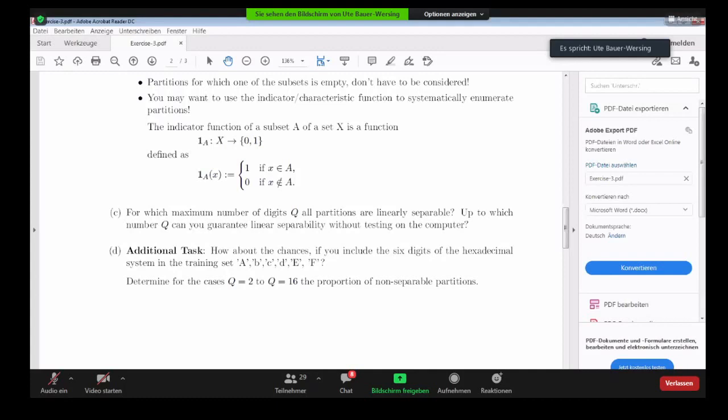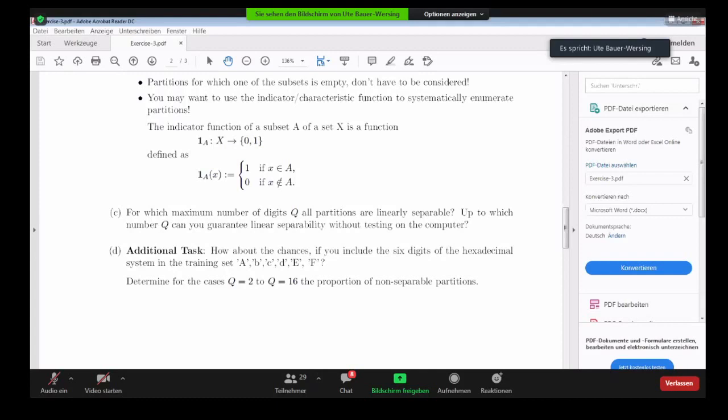This is a question which, in regard to Q and K, where K is the dimension of input space: as long as you have a number of training data less than or equal to the dimension of input space, all problems that you can generate using these training digits are linearly separable, right?